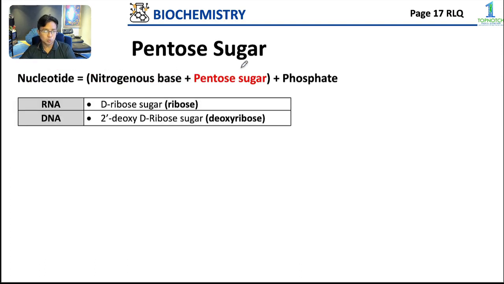Now, let's head to the sugar. The sugar differs depending on the nucleotide. For RNA, it is D-ribose sugar. When you remove the OH on carbon 2 of D-ribose, it becomes deoxyribose, and this deoxyribose is the one predominant in your DNA.